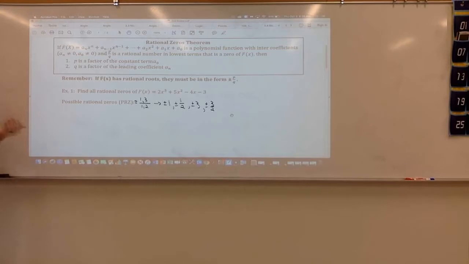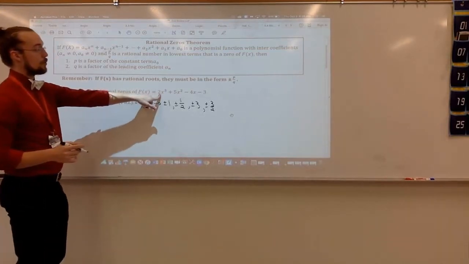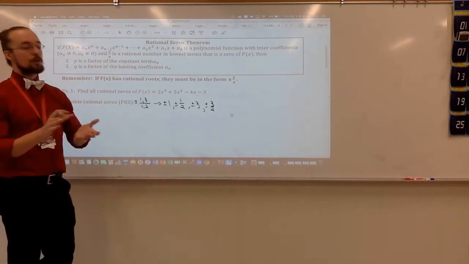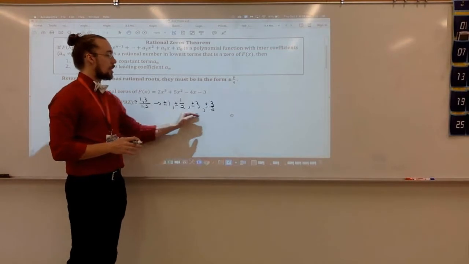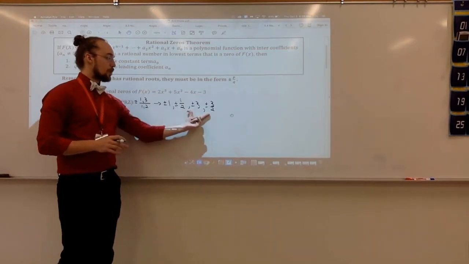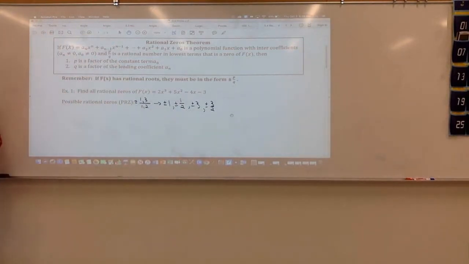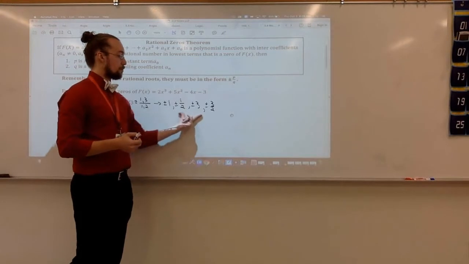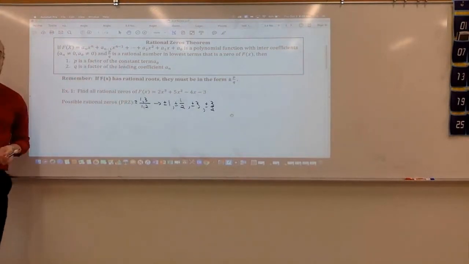Those are the only places where this polynomial could cross the x-axis, in terms of rational zeros. We could have irrational zeros, but in terms of rational zeros, these are the only places that we could cross the x-axis. So this narrows down our search for possible rational zeros quite a bit. We only have 8 possibilities.